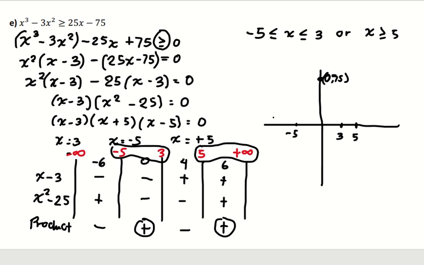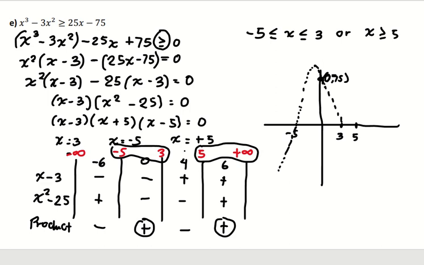So our graph should be from negative infinity to negative 5, the line should be below because this is negative. Between negative 5 and 3, our y values are positive, so it should be somewhere here, with the vertex somewhere here maybe, and it should intercept at 75 there.